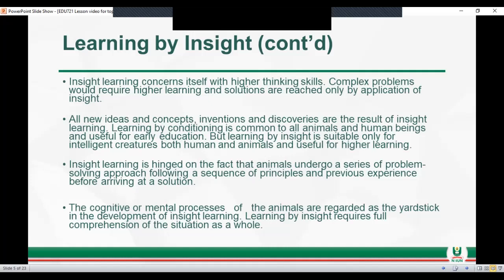We'll soon look at the experiment conducted by Gestalt psychologists to illustrate this point about using previous experience, bringing it to bear in solving problems. The cognitive or mental processes of the animals are regarded as the yardstick in the development of insight learning.